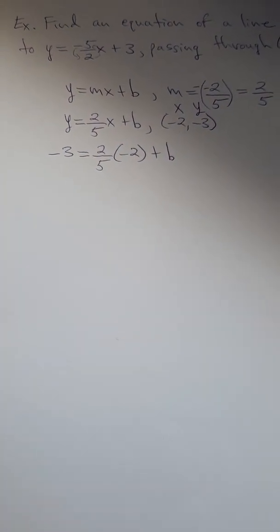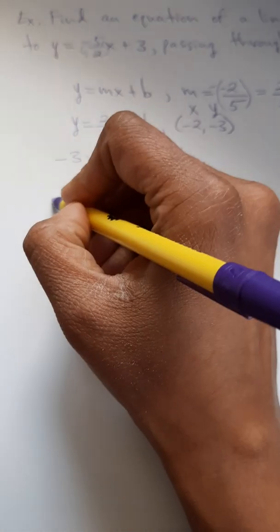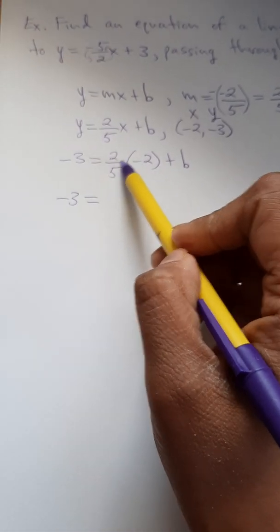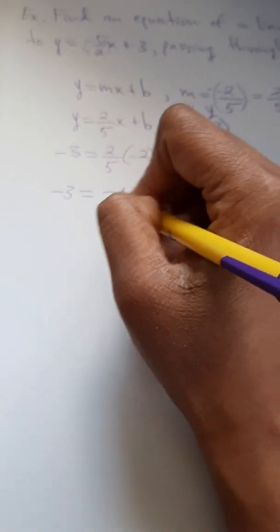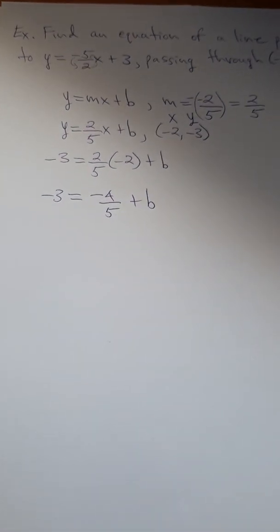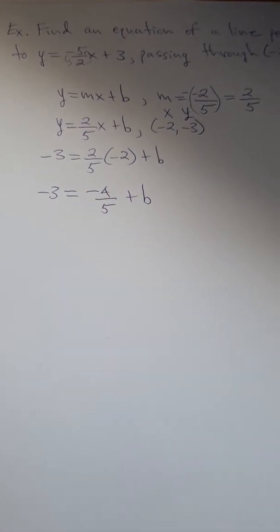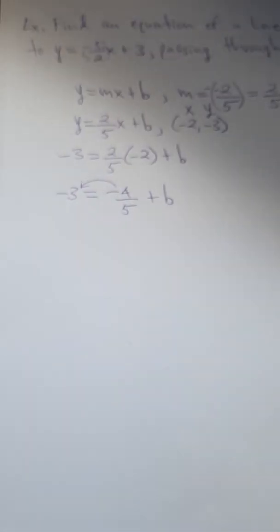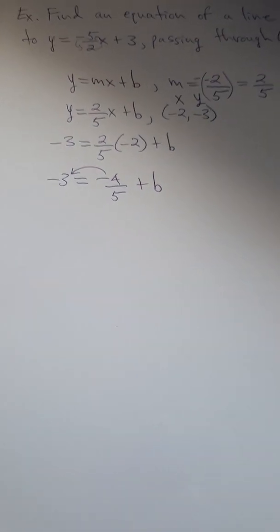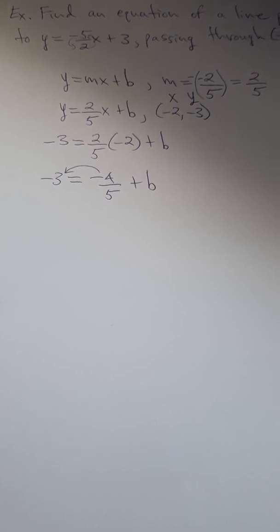Again, I'm going to multiply the fraction. So -3 equals, and when you multiply, make sure you're only multiplying the numerator. So 2 times -2 is -4 over 5, plus b. I always show all my steps, just in case the teacher is giving part marks. If my final answer is incorrect, I want to make sure I'm getting those part marks.